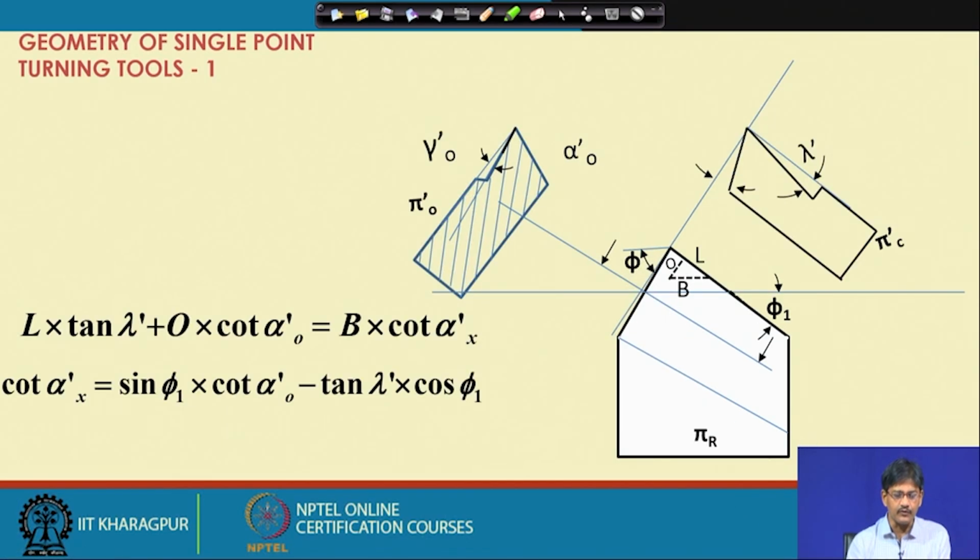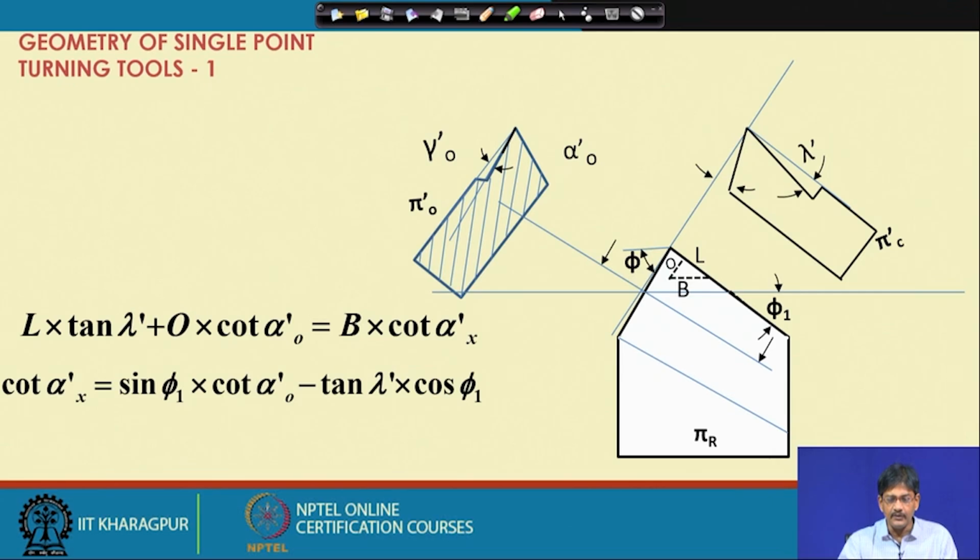So, in this one what do we have? Now, we move on to the auxiliary flank. Up till now we have been discussing problems on the principal flank and of course, the rake surface. Now, we go to the auxiliary flank. In the auxiliary flank, what are we trying to establish?